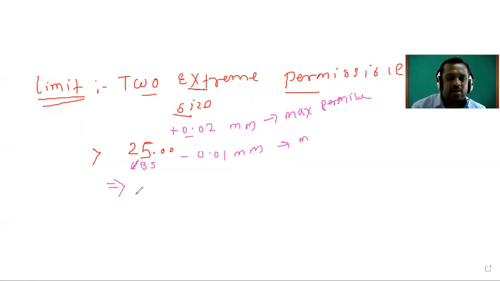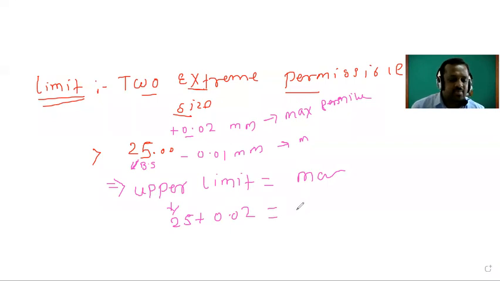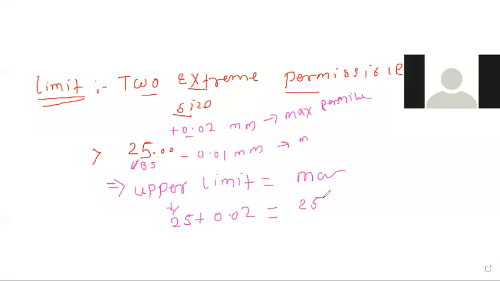Then how to calculate the upper limit? दोन लिमिट दिलेत आपल्याला ना. Upper limit is equal to, upper म्हणजे maximum permissible size. So 25 plus 0.02 will become 25.02 mm.